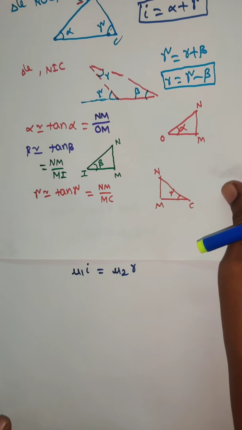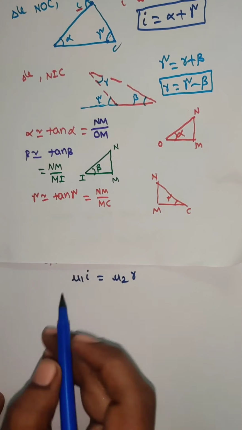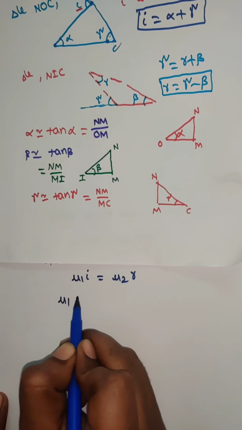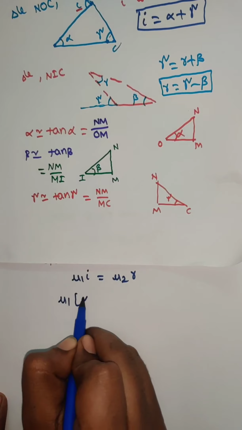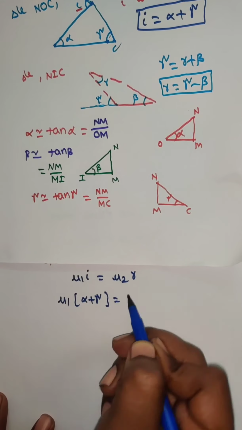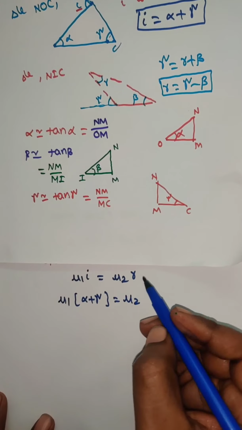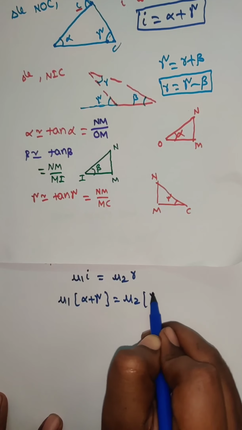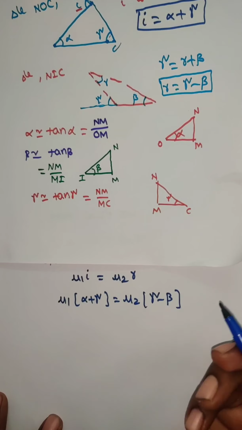You can write mu1 into i is equal to alpha plus gamma, that is equal to mu2 into r. r you can write as gamma minus beta.